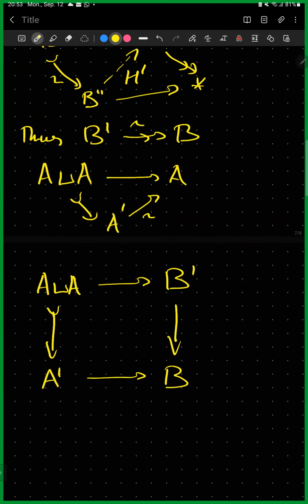I don't know, let's denote this by S. And we had a map H, so this is just HS. This is a trivial fibration.